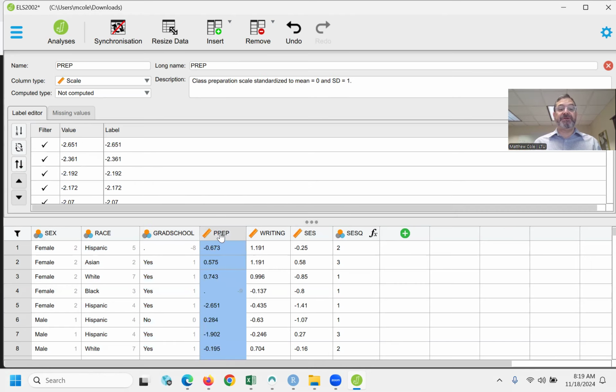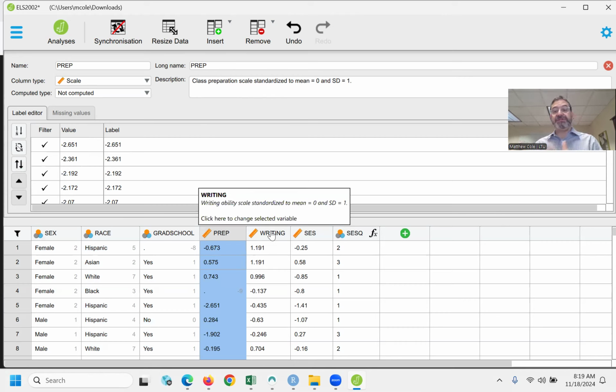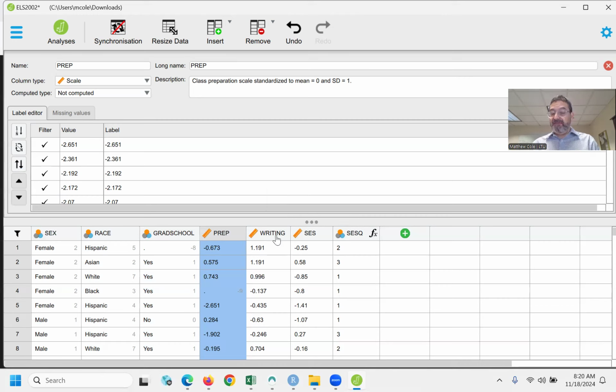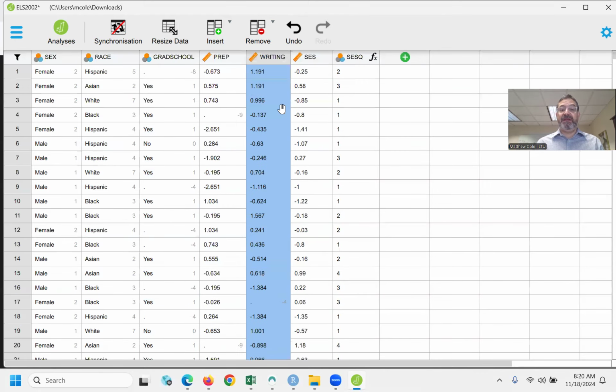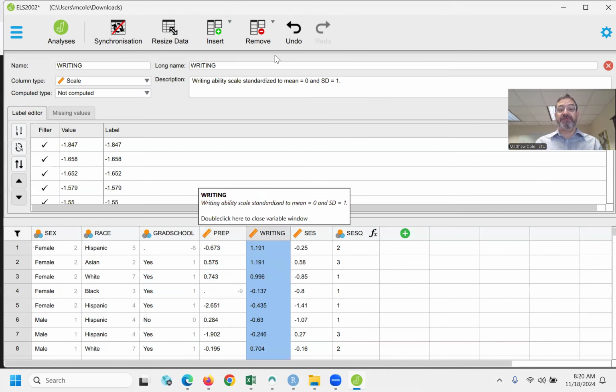Prep refers to the class preparation scale. It's a continuous variable, but it's been standardized, so it has a mean of 0 and a standard deviation of 1. Any changes are about how many standard deviations above or below the mean. We're not really concerned with the actual scores of prep because we've standardized them, and by doing that we can compare a lot of variables that have been standardized, which is what's convenient about standardizing variables.